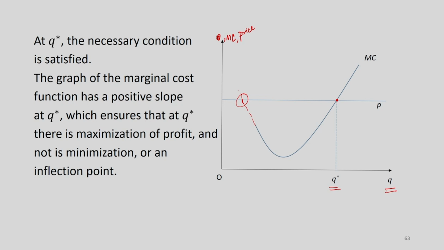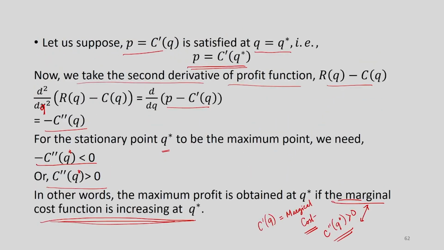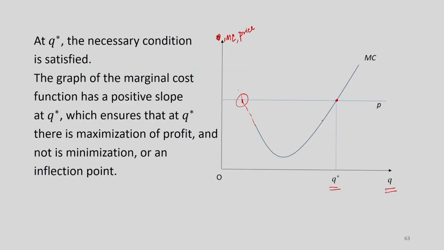Now, at this point P is equal to MC, marginal cost is equal to price, that is, the necessary condition is satisfied. Is the sufficient condition, the second order condition, satisfied at Q star? And the answer is yes, because remember what the sufficient condition was: that the marginal cost function should be increasing at Q star, and that is clearly satisfied because the MC has a positive slope at this point of intersection Q star.